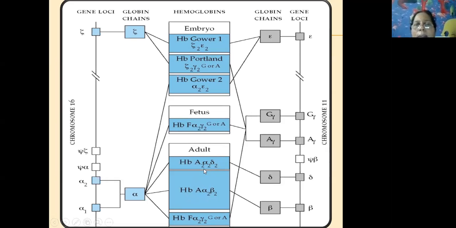So from where does this come? From here somewhere this alpha chain is present and this delta is present.